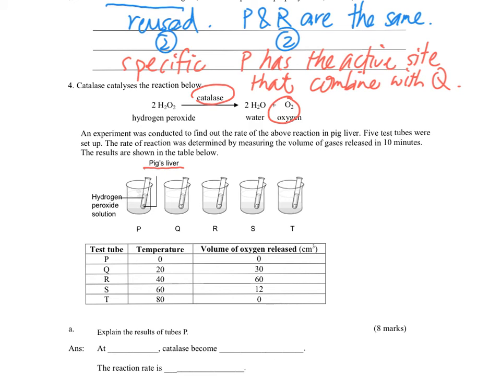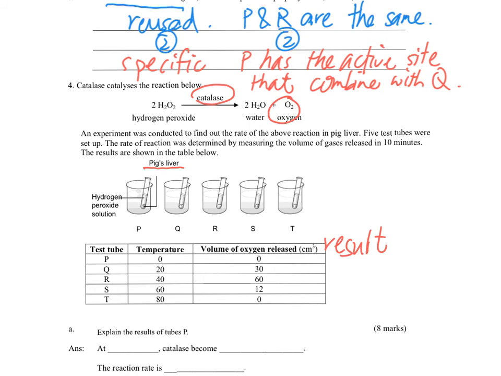By finding the volume of oxygen released, the result, we can find the activity of the enzyme. More oxygen produced, the more active the enzyme. And this experiment was conducted at 5 different temperatures.